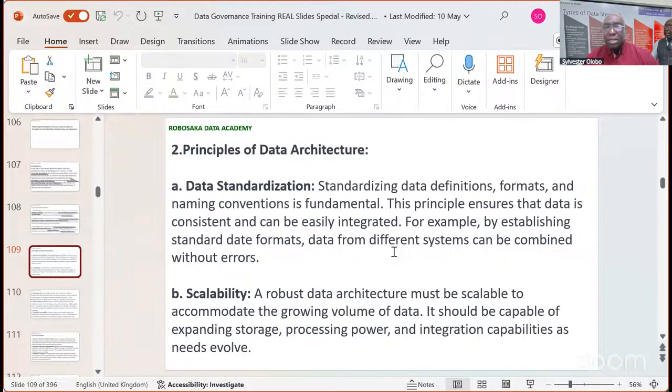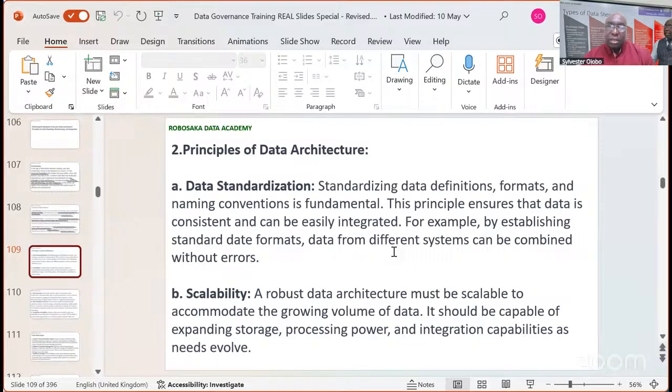Then we also talk about scalability. It's one of the principles that we must ensure that it must take place. So then, no matter how much data you are handling, you have to have a robust data architecture, a design that can accommodate the complexity of data you are having at a time, especially when you are migrating from one platform to another, and that's called scalability.